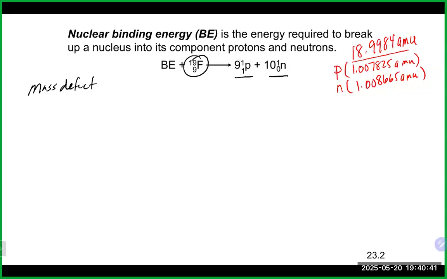Now, this has 9 protons because the atomic number is 9, and 19 minus 9 is 10, which is where we get the number of neutrons from. So this is the atomic mass of a proton and the atomic mass of a neutron. To calculate the mass defect, we take our 9 protons and multiply by the atomic mass of a proton, then add 10 times the atomic mass of a neutron.